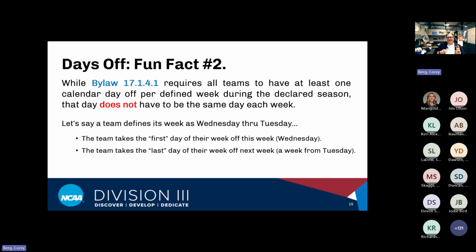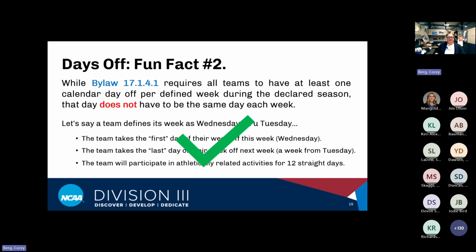If they then take the last day of next week off, they take a week from Tuesday off, the last day of the next week, that means this team is going to be participating in athletically related activities for 12 straight days. They're taking the first day off this week, the last day off next week, and everything in between. They're practicing or competing or lifting or watching film.